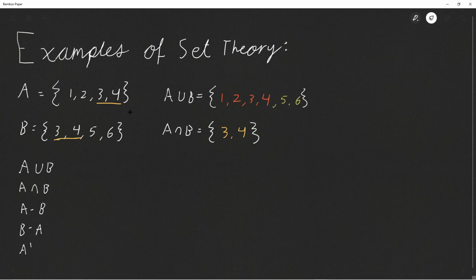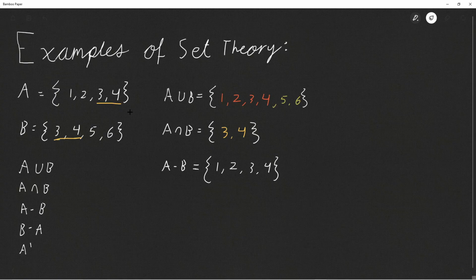So now we want to find the difference between A and B. When we want to find the difference between A and B, we want to find the set of elements that are in A but not in B. So another way to remember this is, we look at our intersection, and since we know that our intersection is what's in A and B, we just want to ignore them and write our normal A. So if we wrote our normal A down, that's going to be our 1, 2, 3, and 4.